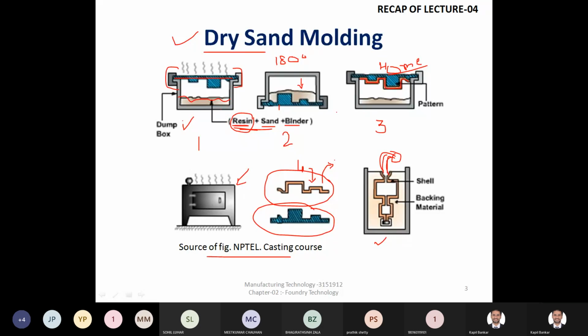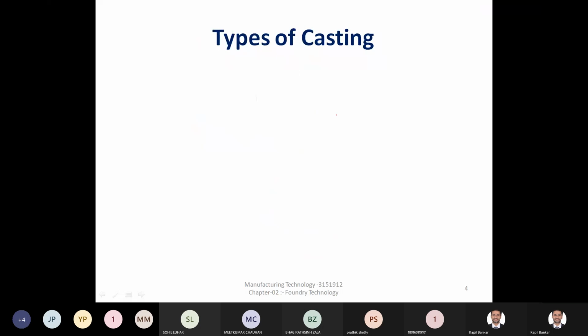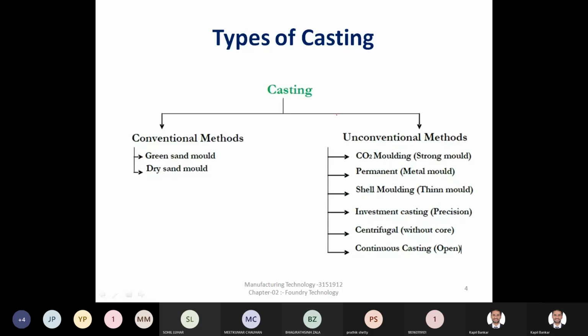So this was the recap of lecture number 4. Now today I'm going to start with some types of casting. Casting can be categorized into 2 methods. First one is the conventional method and another one is the unconventional method.